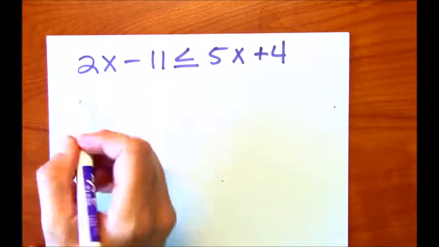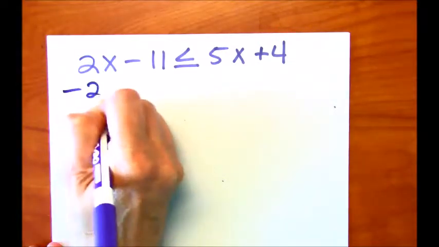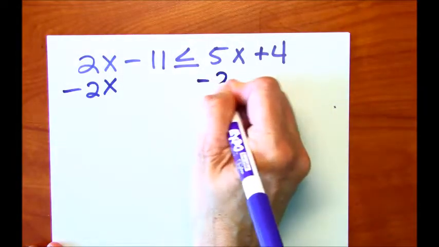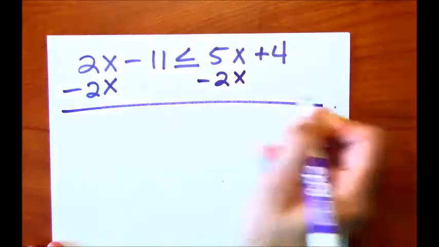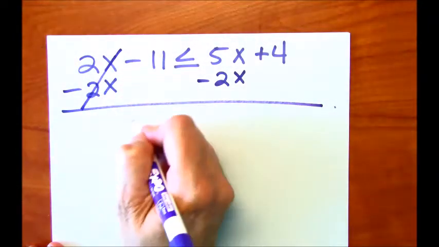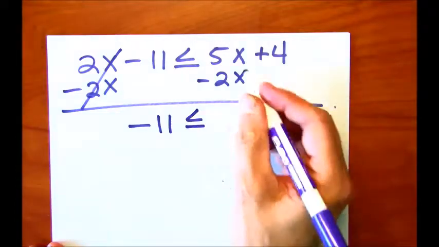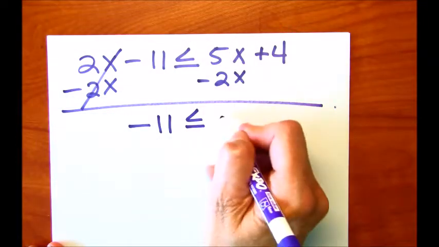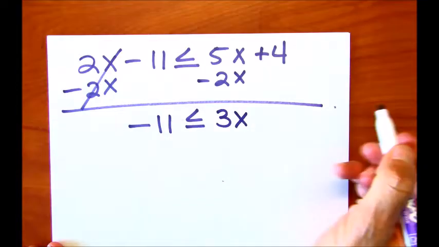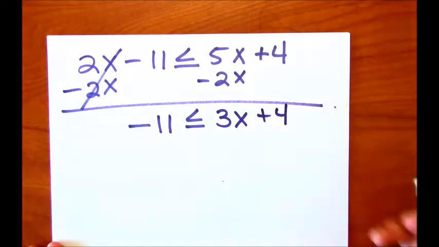So I'm just going to subtract 2x from both sides. That, of course, is going to cancel, and I'm left with -11 less than or equal to 3x plus 4.